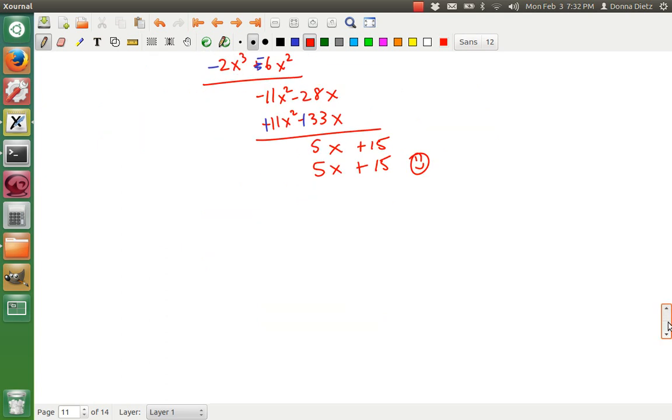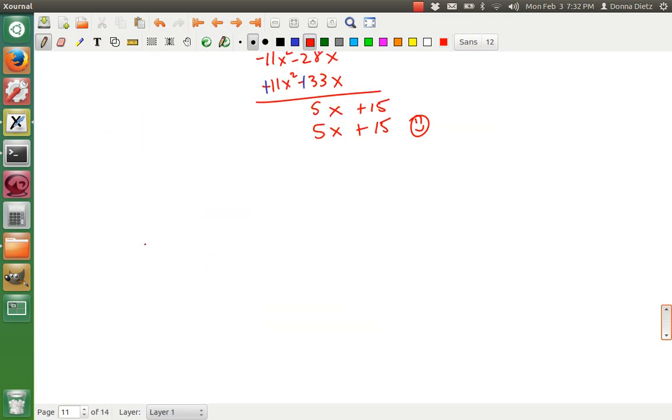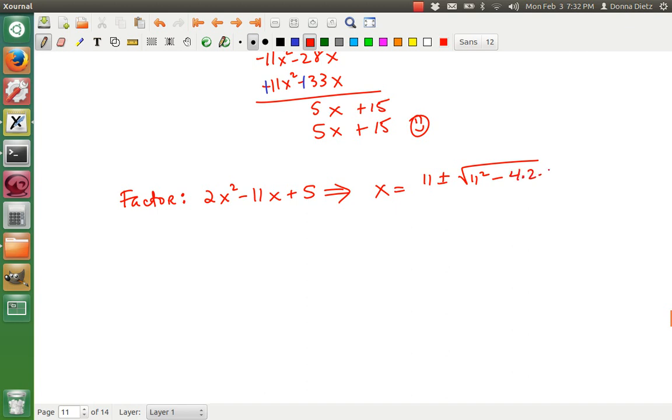So finally, you want to factor 2x squared minus 11x plus 5, and that gives you x is equal to negative b plus or minus the square root of b squared minus 4ac, getting ahead of myself, all over 2a.